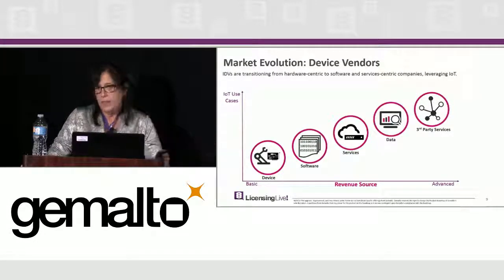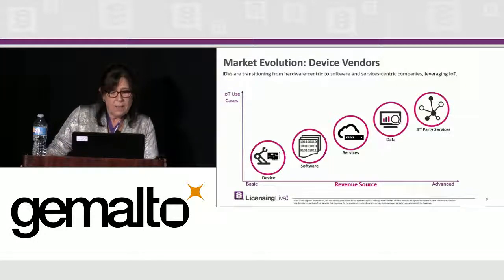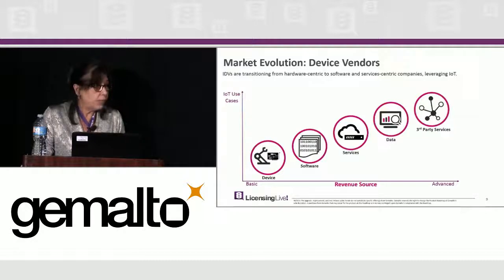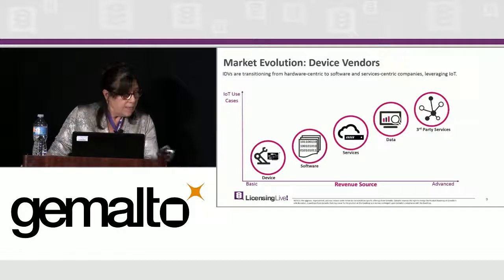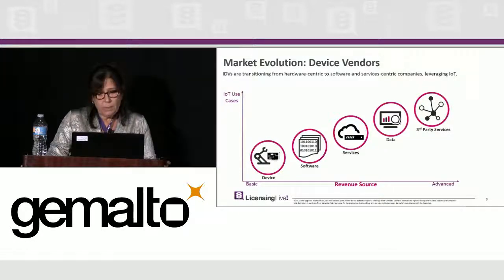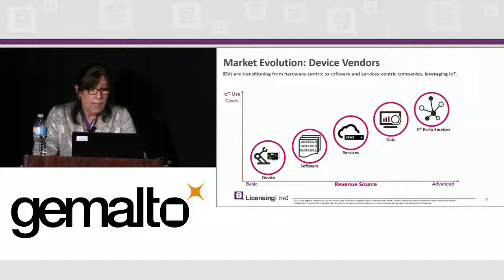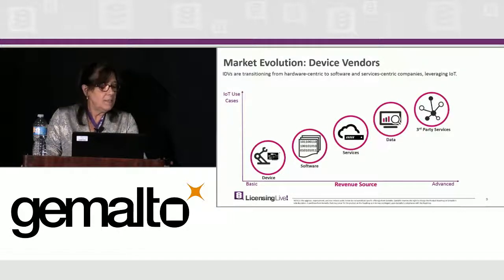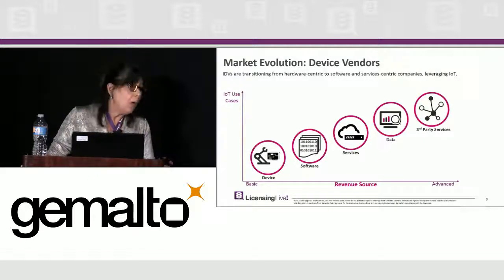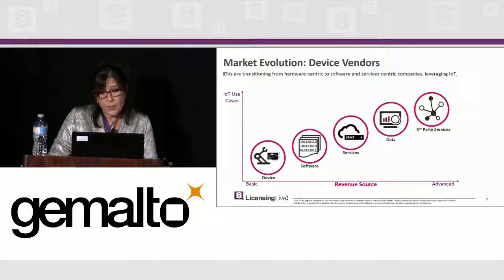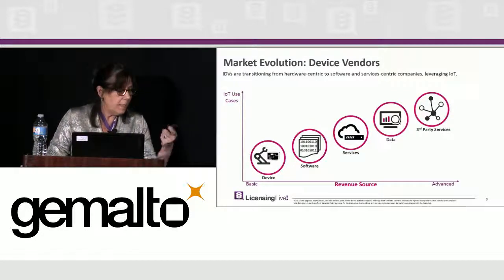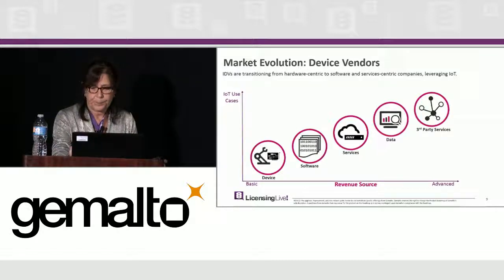We just heard in the recent session about selling services and leveraging connectivity. The next phase in this continuum is revenue that comes from selling data that originates from the devices. And the final phase is getting revenue from third-party vendors who provide services by leveraging that data.